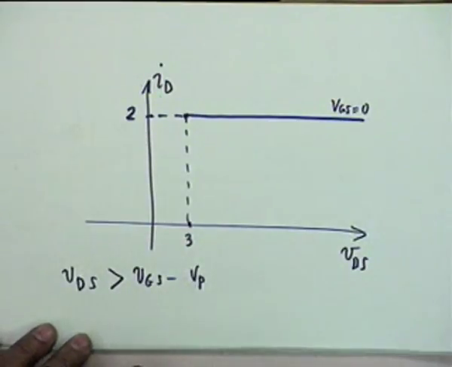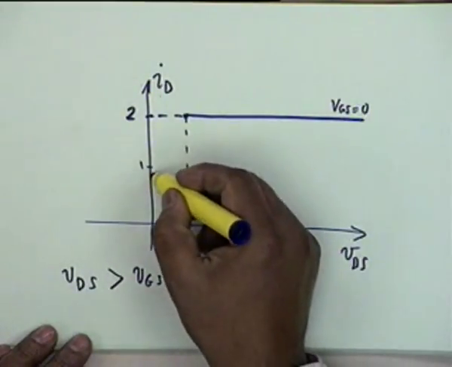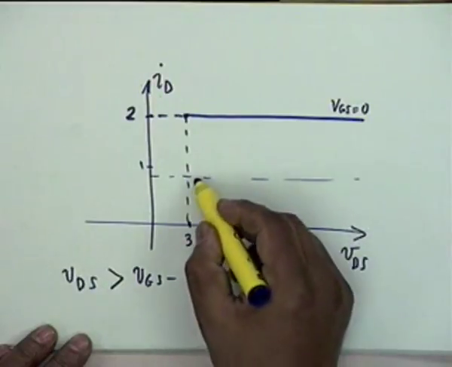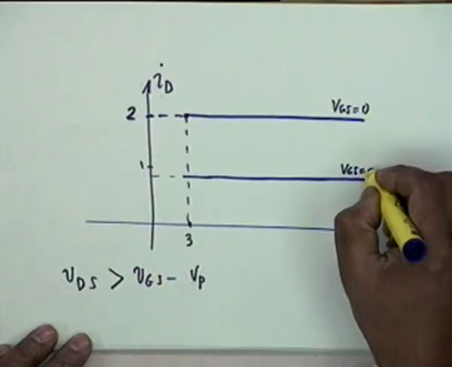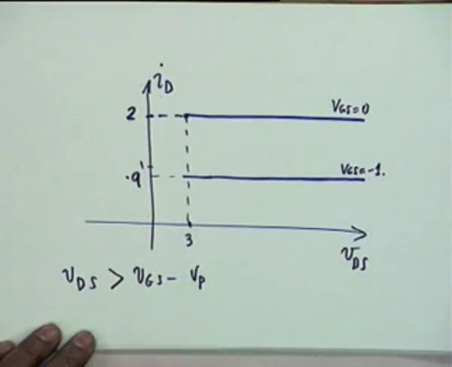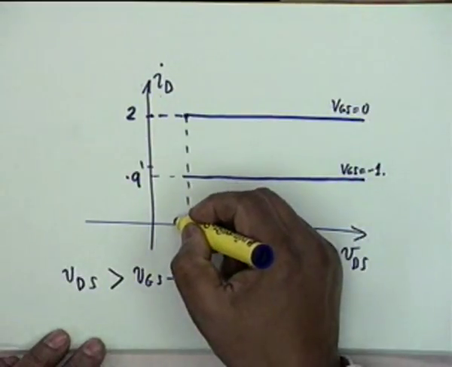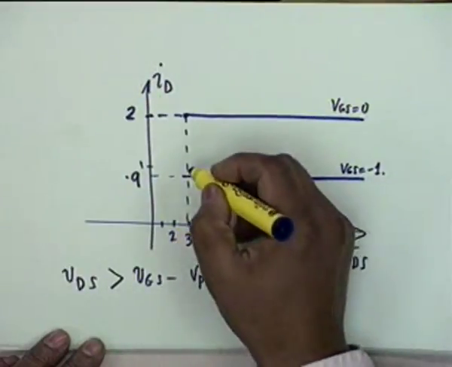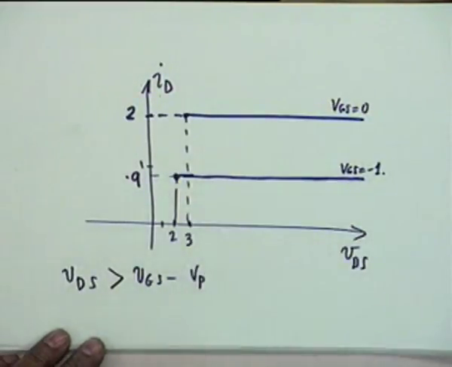Let us take the next point, minus 1. At minus 1 the current is 0.9 milliampere. Where does saturation start? If VGS is minus 1, it starts at VDS equal to 2, so you draw a vertical line at 2, the point at which it starts saturating.